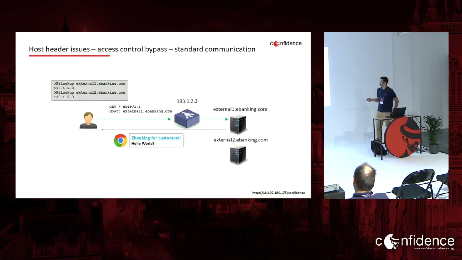In that case, when a user wants to reach the external ebanking.com, the request will be intercepted by some proxy or load balancer, and the load balancer will send that request to this server, right? And then the server obviously will return some web page, right?